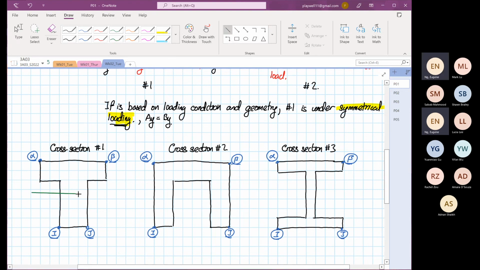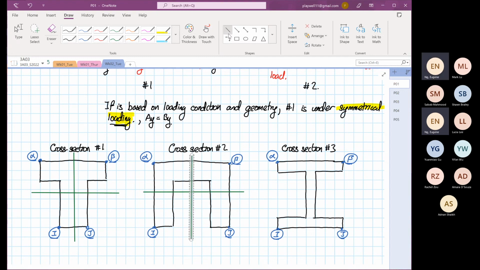Okay, so this is one centroid axis, and this is the other. This is one centroid axis. This is the other. Then this one is straightforward. It's exactly at the center.